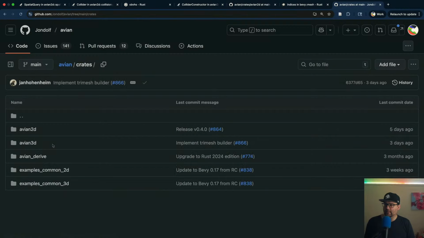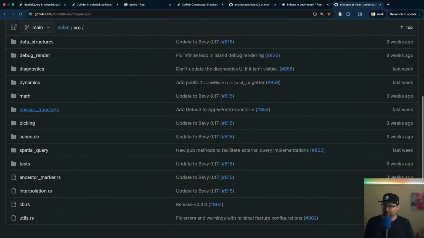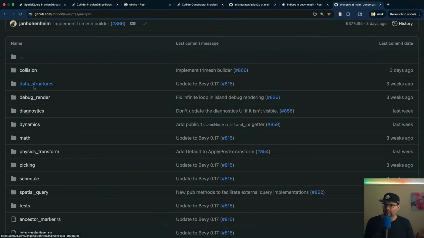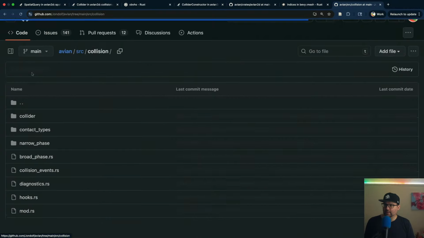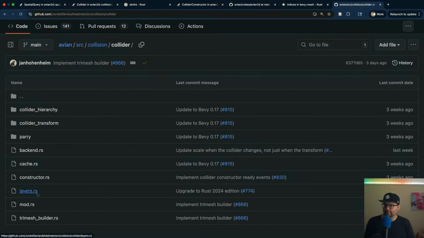The other thing is that the crates are actually common. So avian is actually this great at the root. And do we have, maybe it's in collision, collider constructor somewhere, trimesh builder.